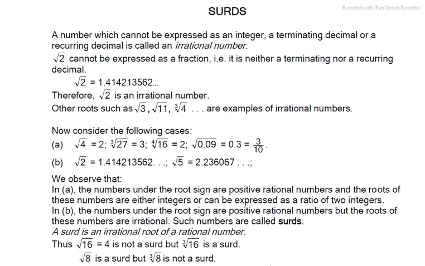Root 8 is a surd because it is an irrational root of a rational number, whereby the rational number is 8, but its root is irrational, meaning it cannot be expressed as an integer or a terminating decimal, neither a recurring decimal. So it is an irrational root of a rational number. Good. Let's continue.